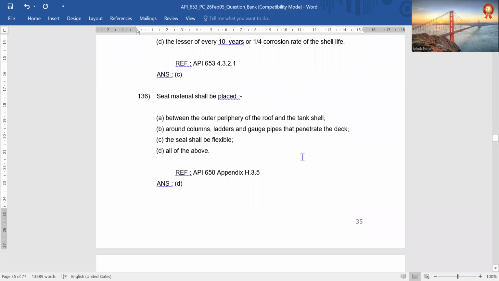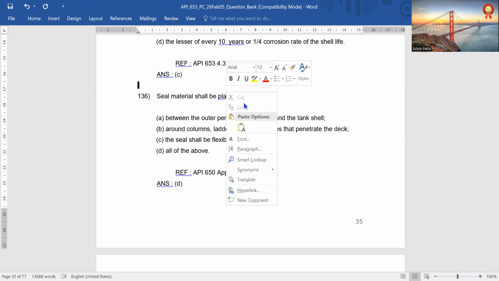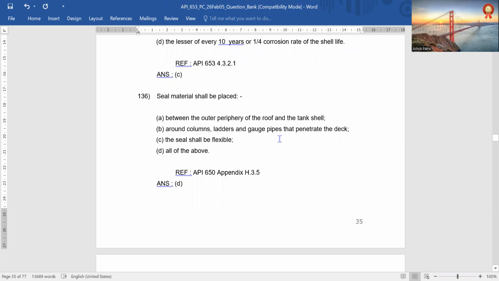Seal materials shall be placed between the outer periphery of the roof and the tank shell, around columns, ladders, and gauge pipes that penetrate the deck. The seal should be flexible. All of the above.